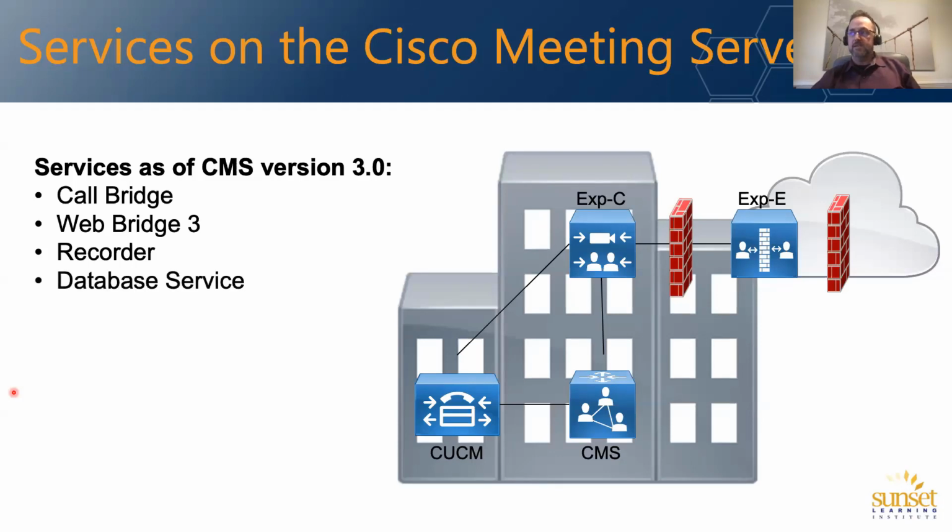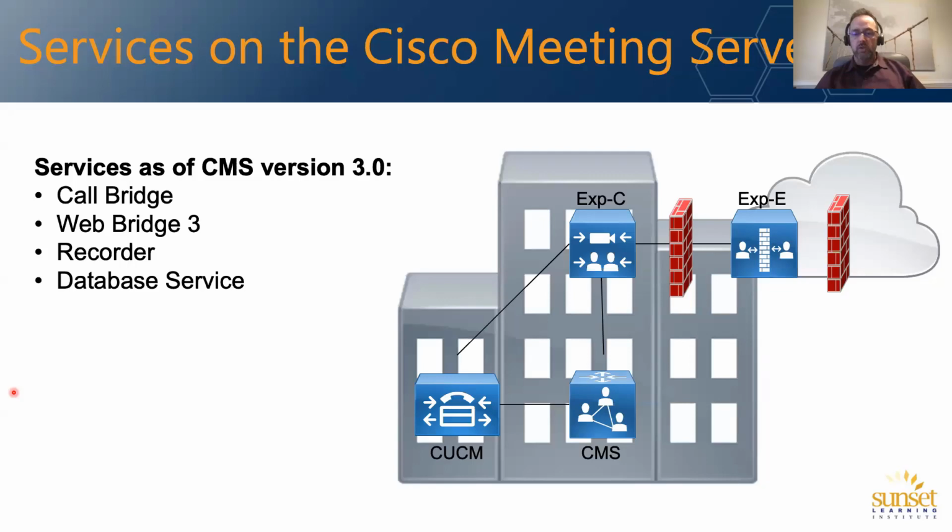All right, the last service, the fourth service that you can run on CMS is called the database service. Now, all information on a Cisco Meeting Server is stored in a database, but this is not the same component as the database service. The database service is a service used in a scaled and resilient server deployment so that data can be replicated between peers within a cluster.